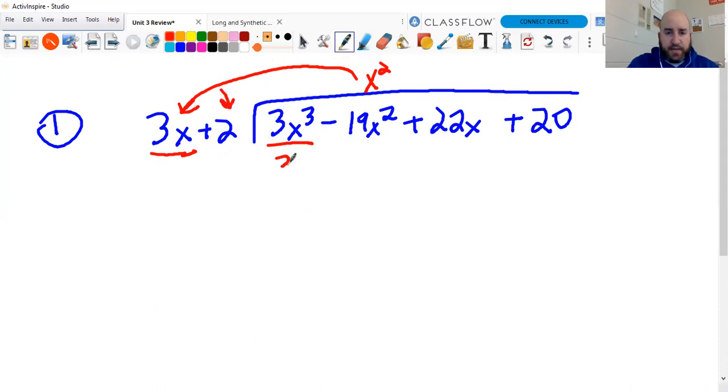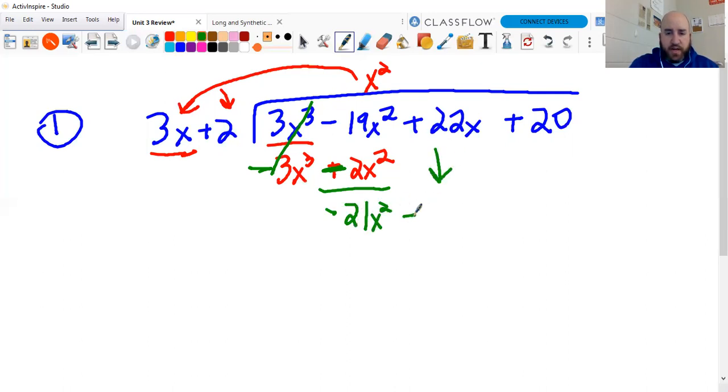X squared times 3x is 3x cubed. X squared times 2 is 2x squared. The idea was to get these to match, because now I have to flip the signs on what I just got. Now 3x cubed minus 3x cubed cancels out. Negative 19 and negative 2 give me negative 21x squared. I bring down the next term and I keep going.